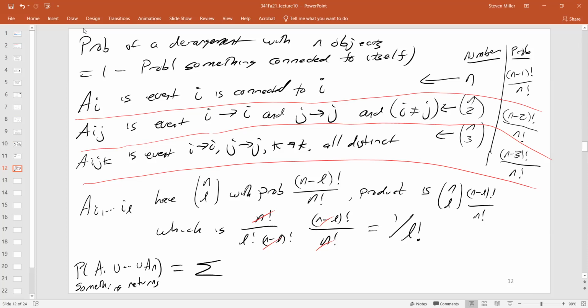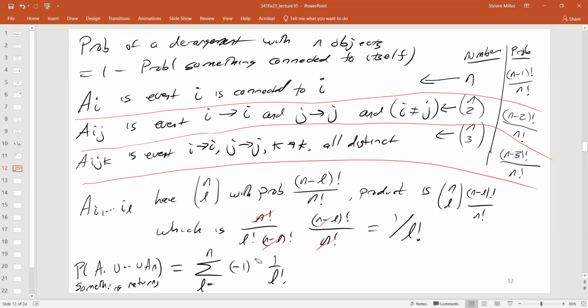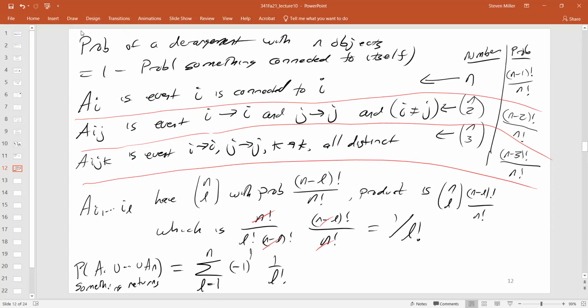Is just going to be a sum, L goes from 0 to n, of minus 1 to the L, 1 over L factorial. Do I want to start at 0? Yeah, I want to start at 1. Thank you. So L goes from 1, and this will be L plus 1, because we start off with a plus 1.